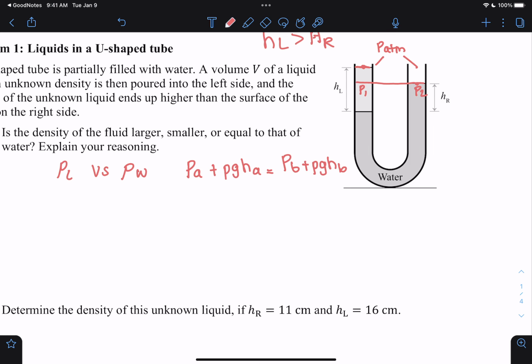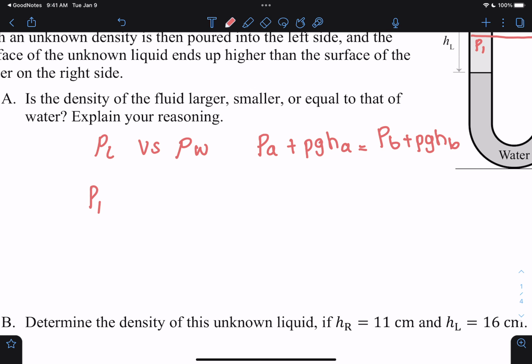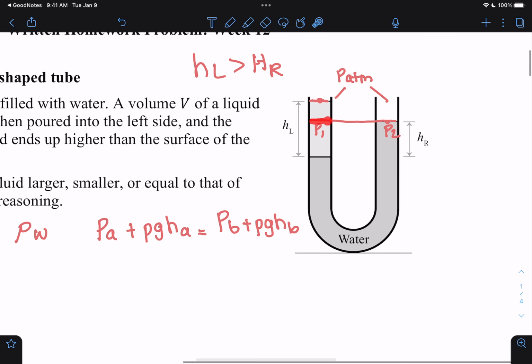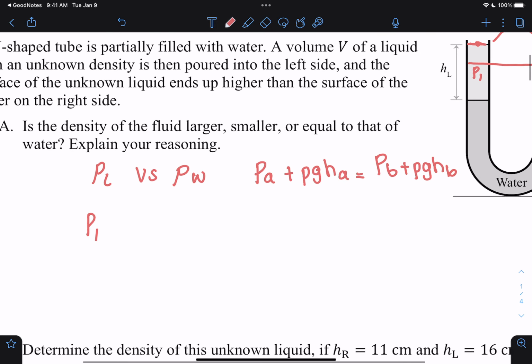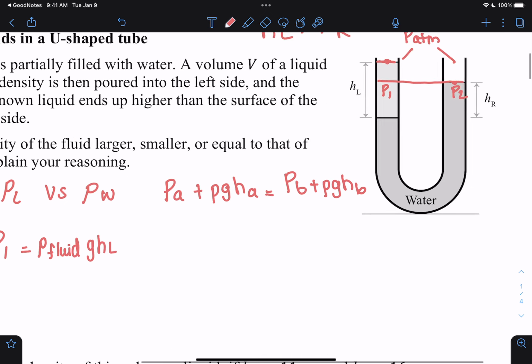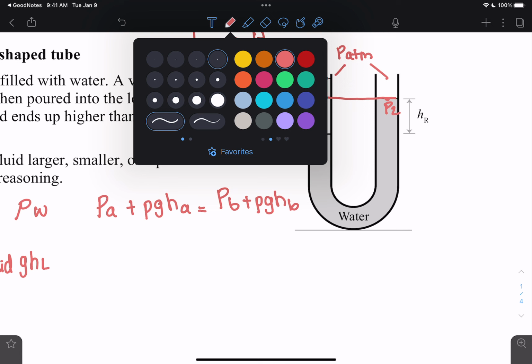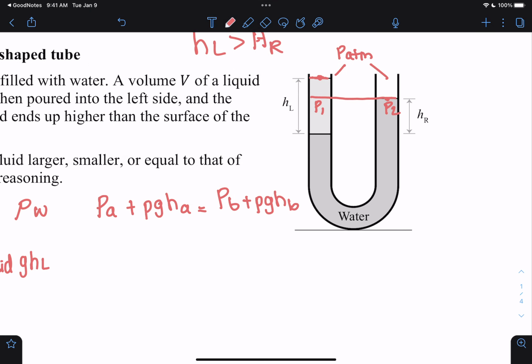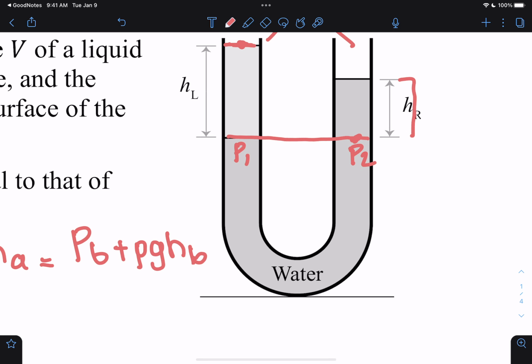So pressure 1 is for the fluid at that specific height, which would be equal to the density of the fluid times gravity times the height at L there. Oops, my bad. Actually, let me adjust that. Let's compare these two heights there, so that way you're comparing the full length of H_R.